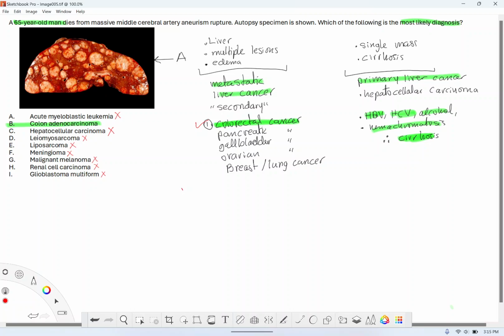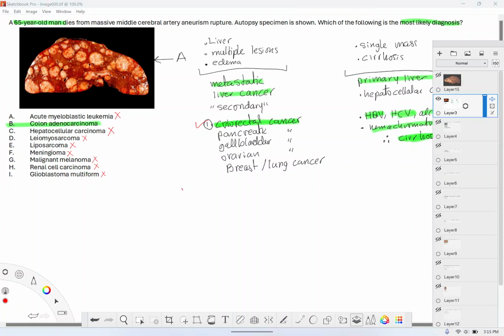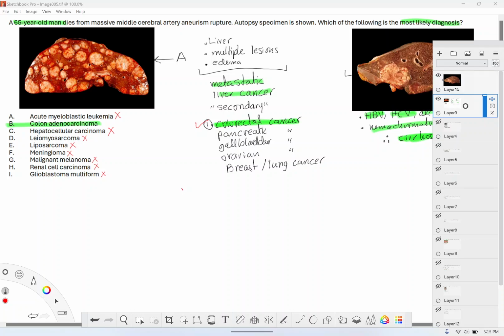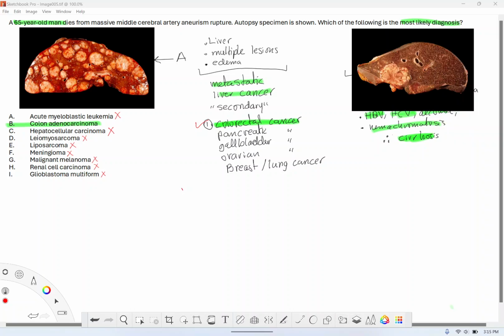Okay, so let's also look at this. What do you see in this picture? In this picture you see a single mass, right? This one, single mass. Let me color it green so you can see.